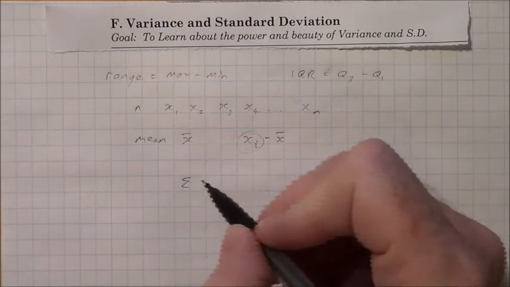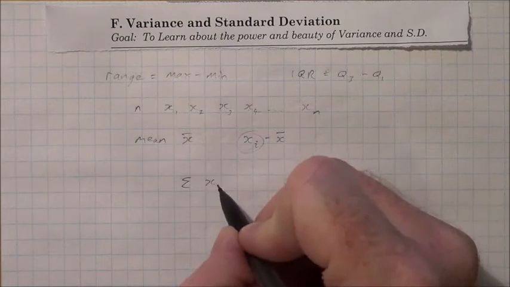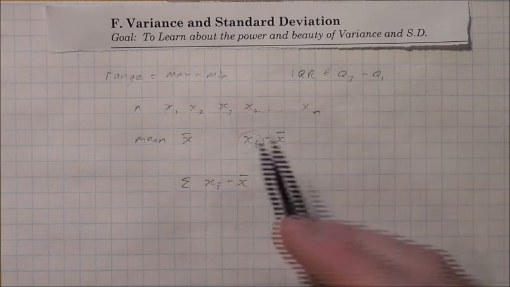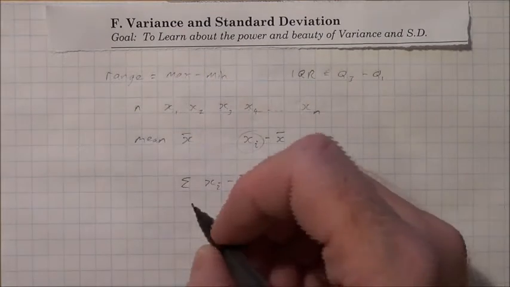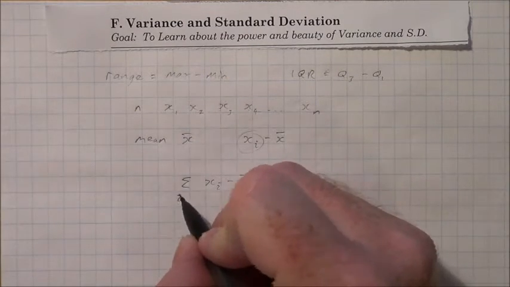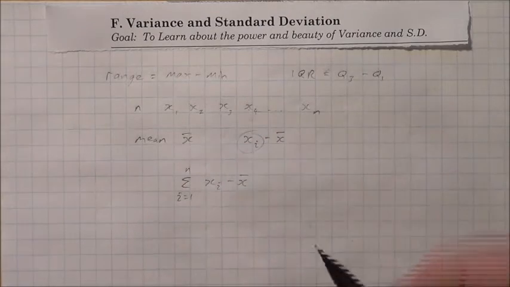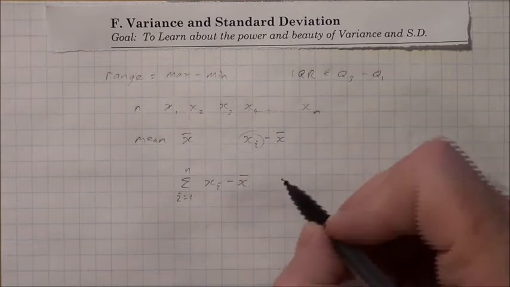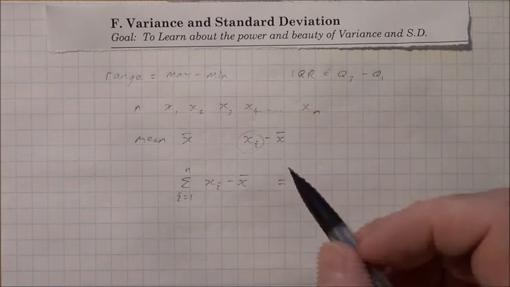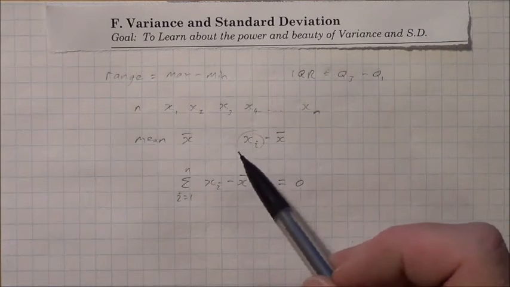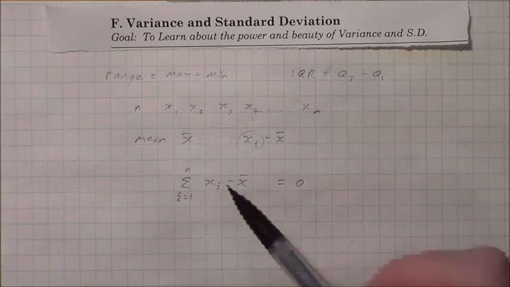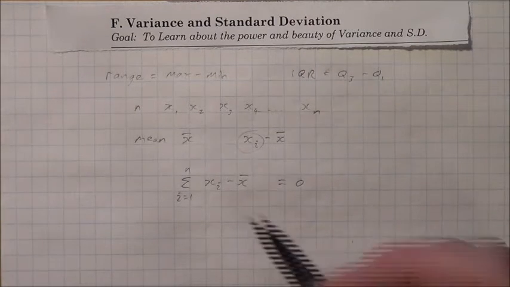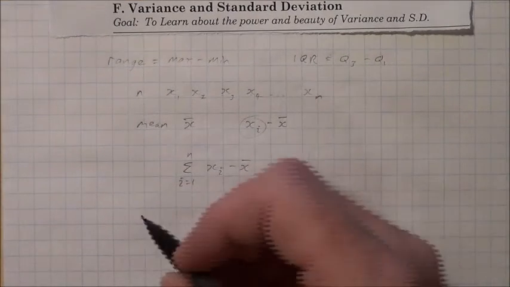So the sum of x sub i minus x bar, for i equals 1 up to n, would end up equaling 0, because with the mean you've got the same number of values below the mean as you do above the mean, so it all ends up working out.